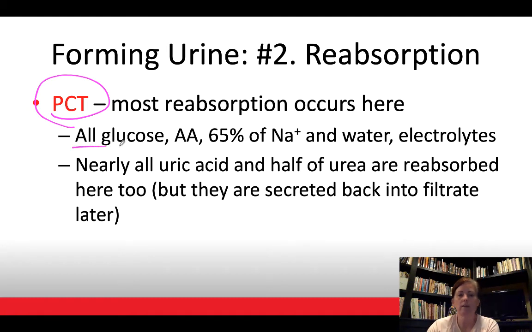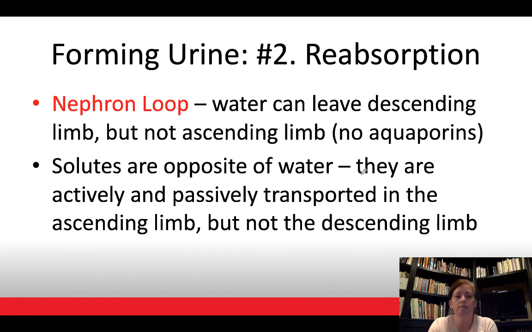So basically all of our glucose, amino acids, and 65% of sodium, water, and electrolytes are reabsorbed here. And what's interesting too is that uric acid and urea are reabsorbed here, but later through the system, they are actually secreted back into the filtrate. So they are something that we reabsorb and then we secrete them back into the tubule.